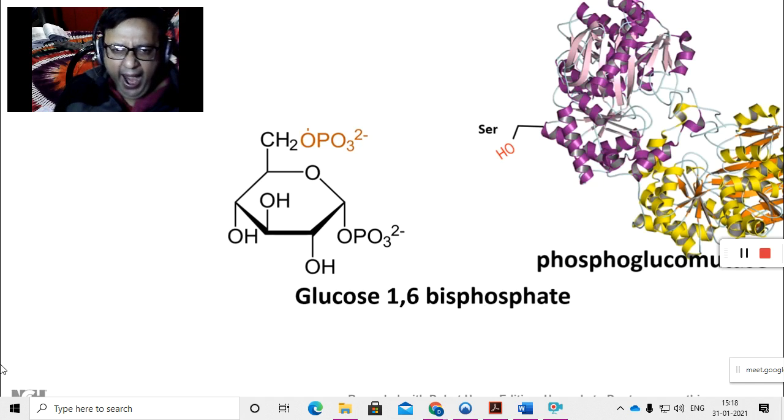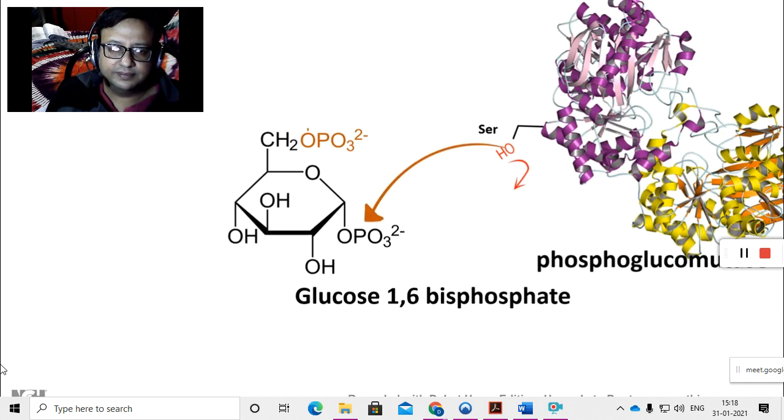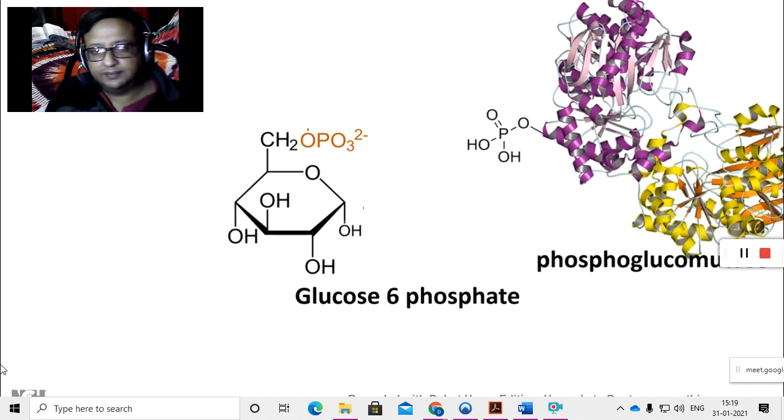Now a further reaction, another nucleophilic attack to the carbon residue 1, converts this whole thing to glucose 6 phosphate. So that is how, by the enzymatic action of phosphoglucomutase, glucose 1 phosphate is getting converted into glucose 6 phosphate.